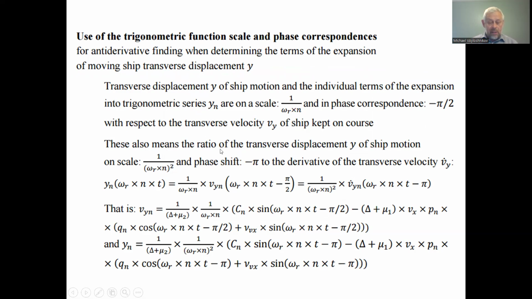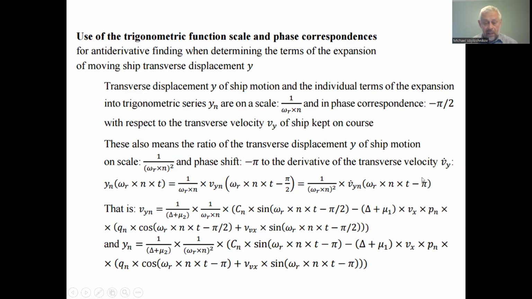This also means the ratio of the transverse displacement y of ship motion on scale divided by omega r and the number n of the term of the expansion of the Fourier series squared in the denominator, and phase shift minus pi to the derivative.